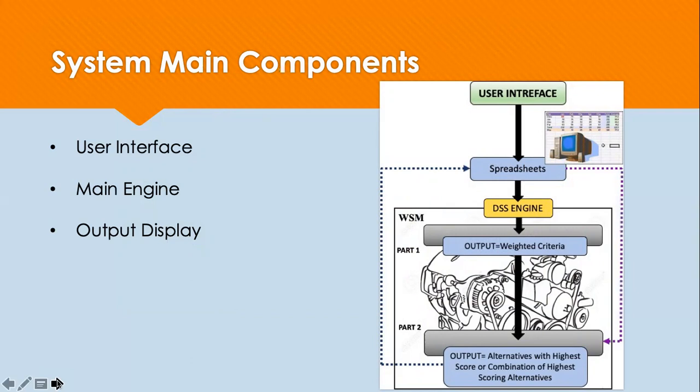The main engine is responsible for carrying out all the operations as part of the evaluation process of the alternatives, up to the fulfillment of the objective of the system. It is designed to use the weighted scoring method, accommodating certain matrices for evaluating different strategies, which in the next slide I will explain why we decided to use as the methodology for analyzing.